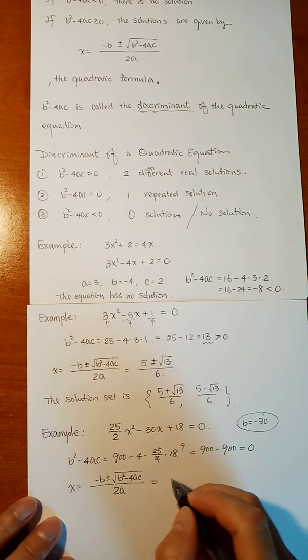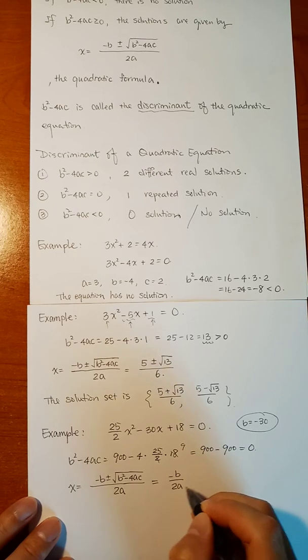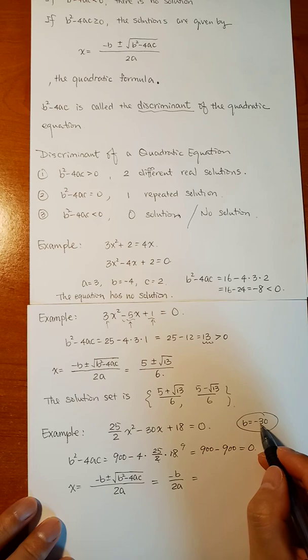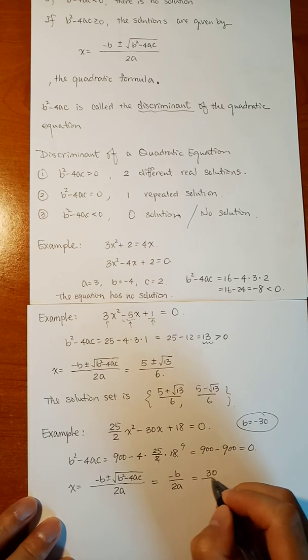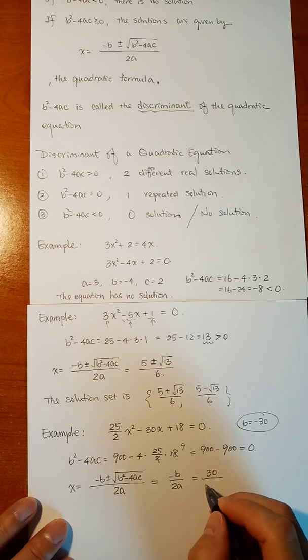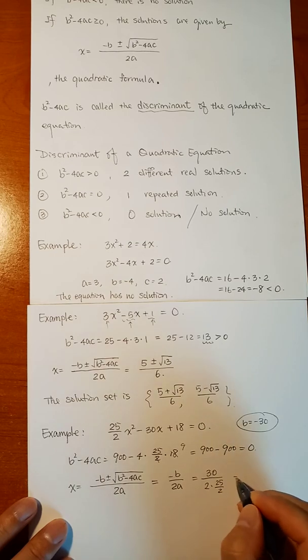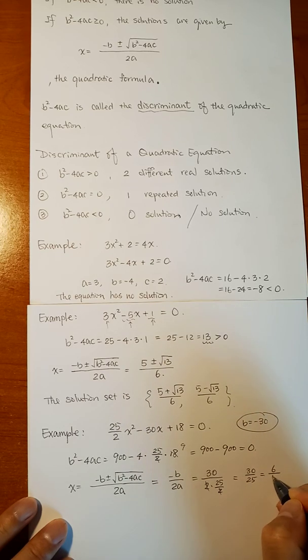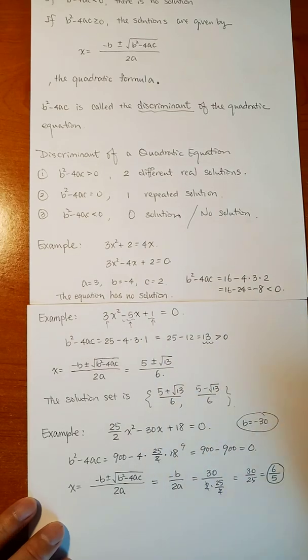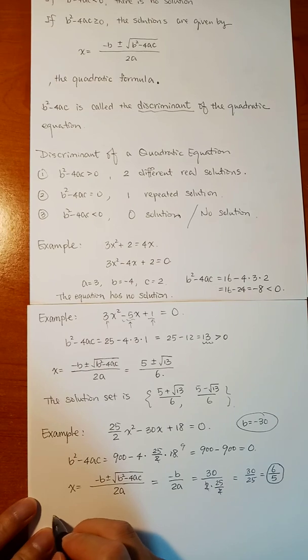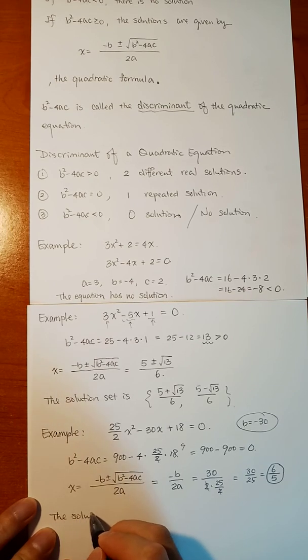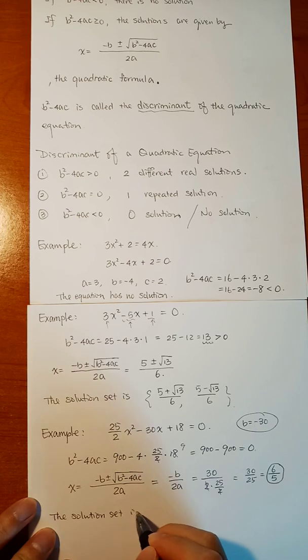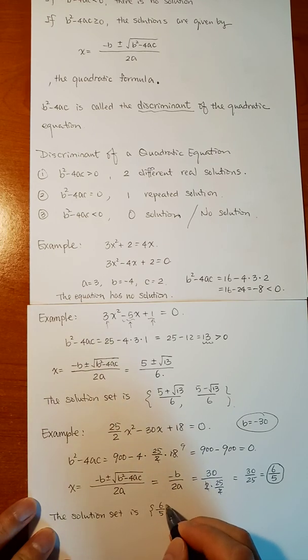So it is a double root. b is negative 30, so negative b is 30, over 2a. The 2 cancels: 30 over 5 is 6. So the double root is 6, and its solution set is just 6.